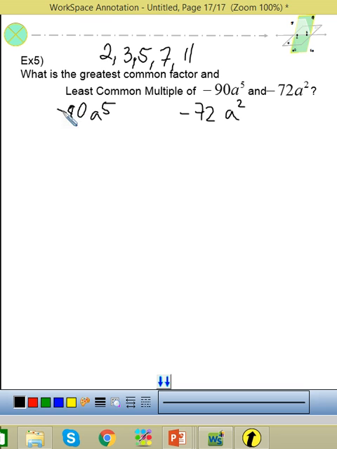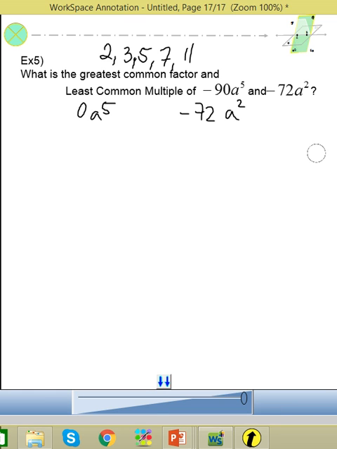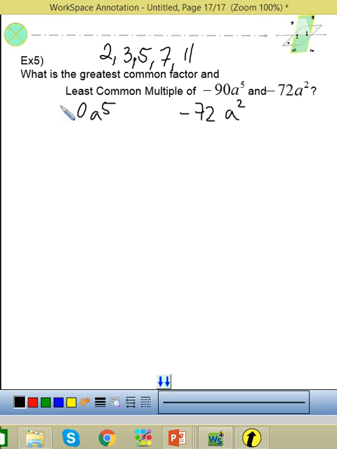So before we get started, what do we need to factor out of here since it's a negative? Did anybody factor out a -1 from the beginning? No? All right, I'm going to do that from the beginning. -1 and -1. So now all we have is a positive 90 and a positive 72. Yes? And I'll add that -1 at the end.